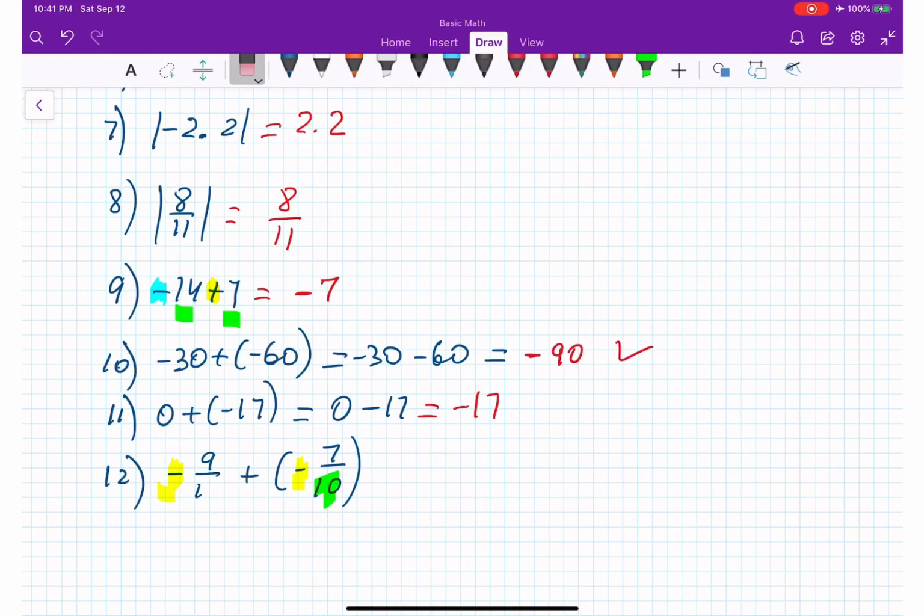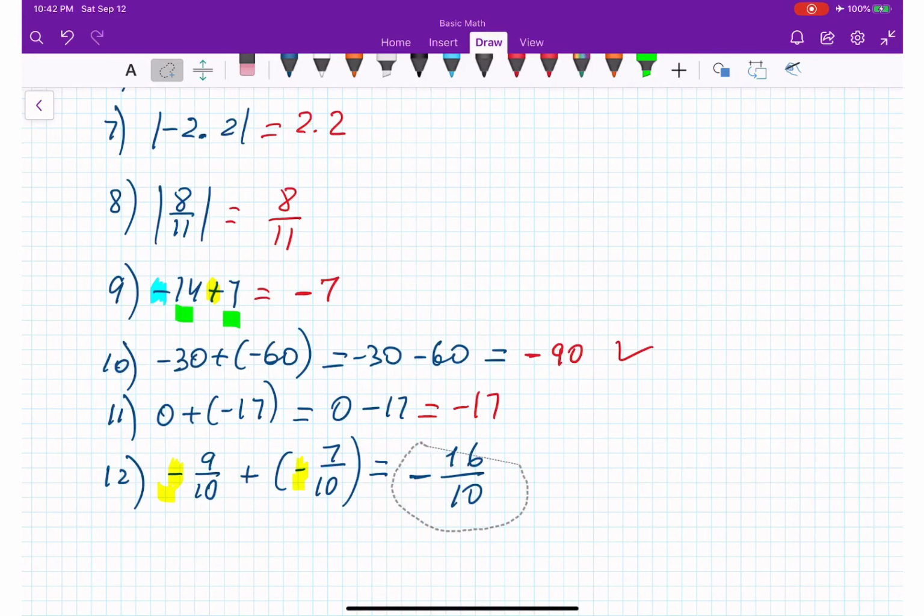It's supposed to be 10. I apologize. So let me clean this. It's supposed to be 10. When the denominator is the same, there's nothing else to do. All we do, 9 plus 7, it's going to be 16 over 10. And since both numbers are negative, just negative attaching to it.